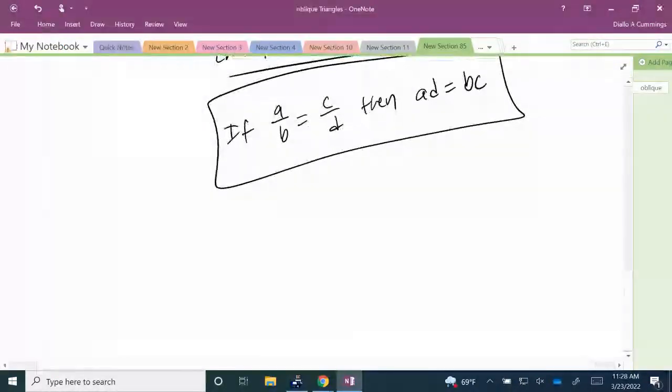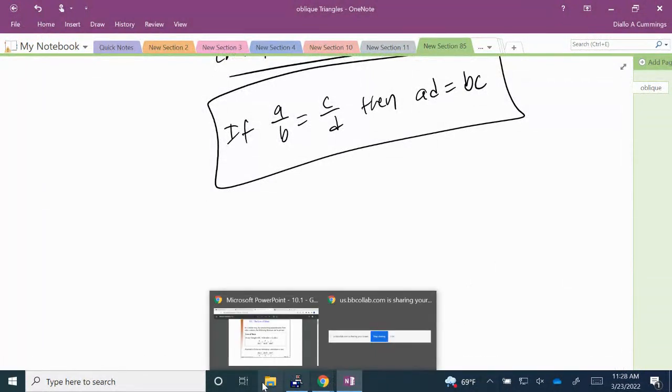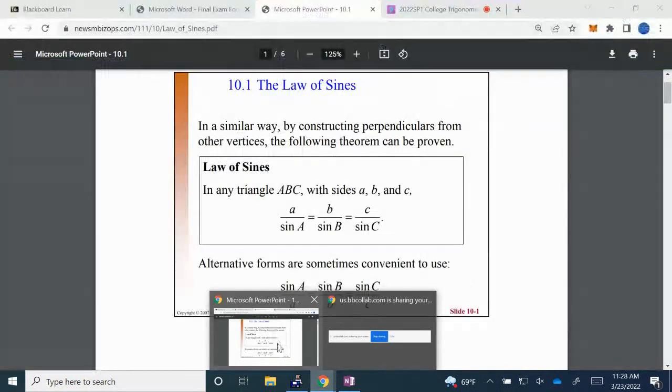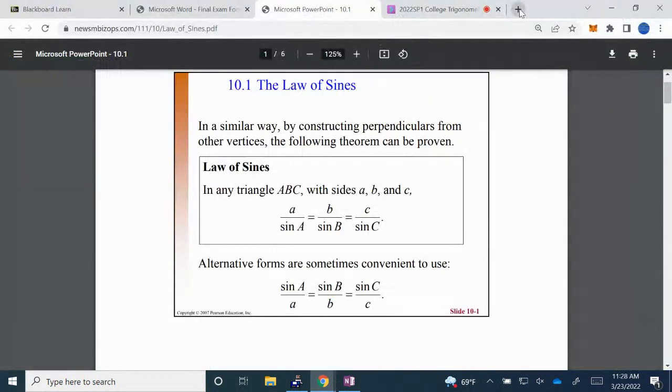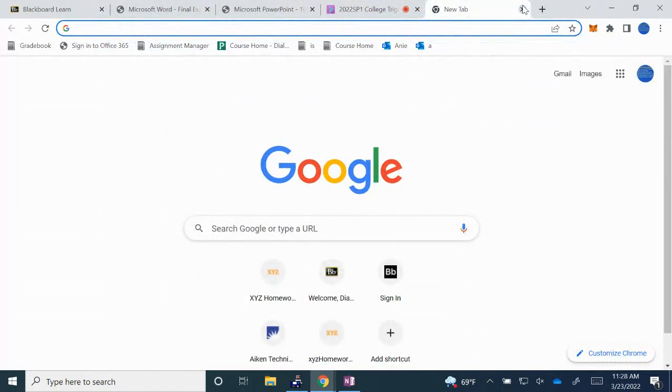All right, so we're going to take a look at an example. And when I flip my screen over, I close down all of my windows.